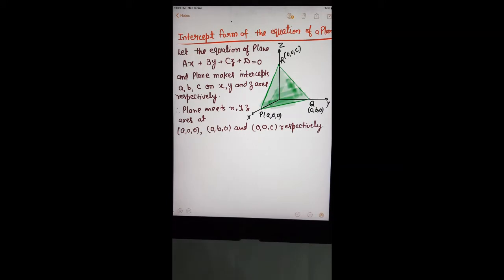Means the plane meets the x-axis at a, 0, 0, the y-axis at 0, b, 0 and the z-axis at 0, 0, c.